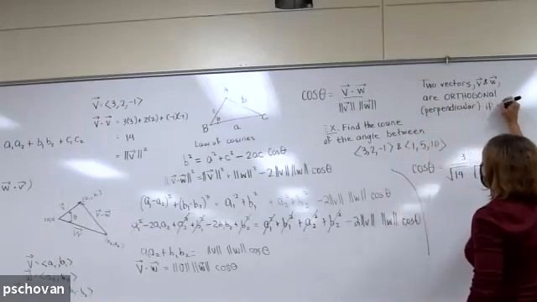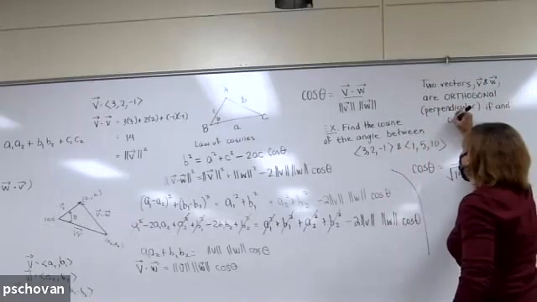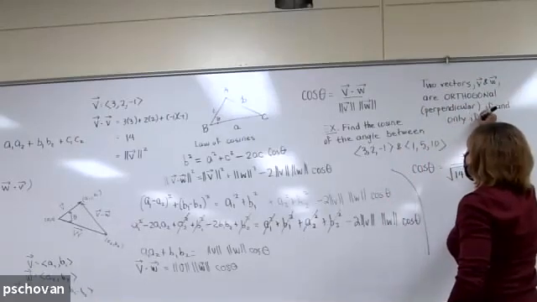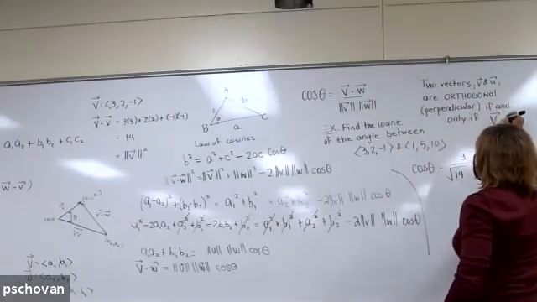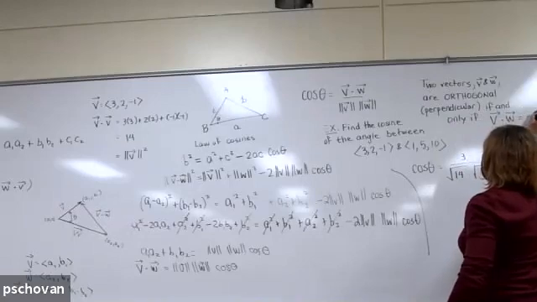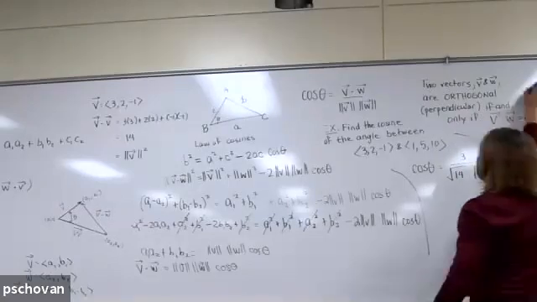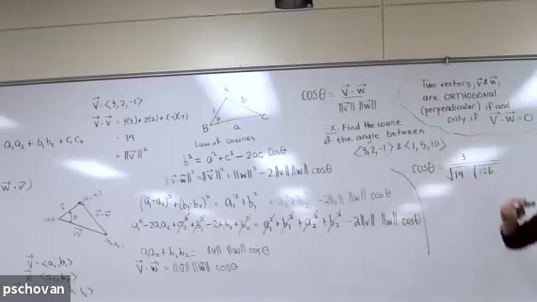If and only if goes both ways. The number 0 and not the vector 0, because the dot product is a scalar.